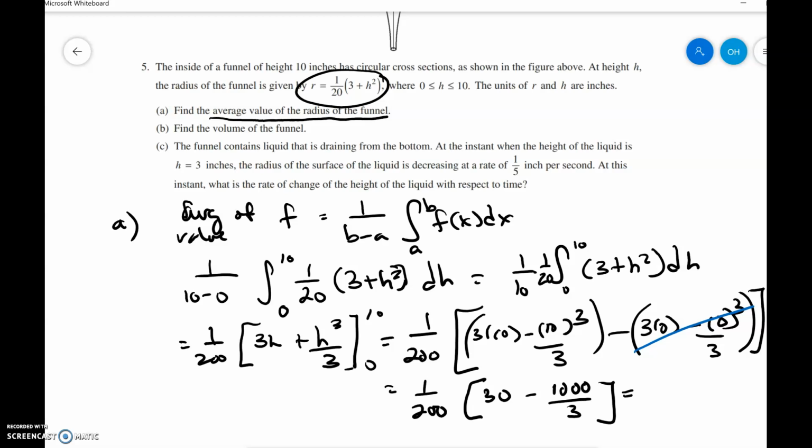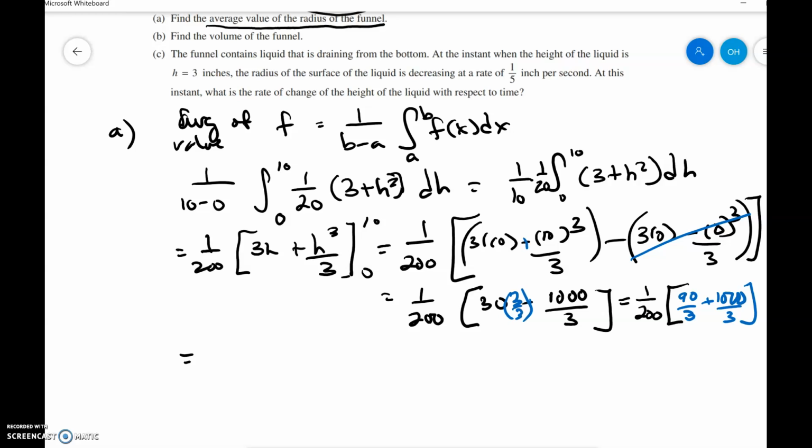If you simplify that out, multiplying the 30 by 3 over 3, this is 90 over 3 plus 1,000 over 3, actually, it's supposed to be plus, which ends up giving me 1,090 over 3 times the 1 over 200. I'm just going to go ahead and reduce that, and that's going to be 109 over 60 inches.